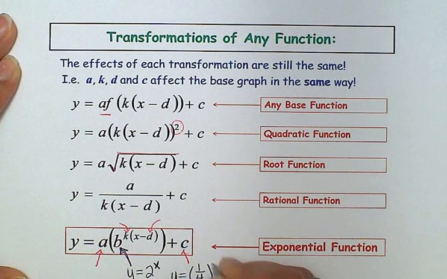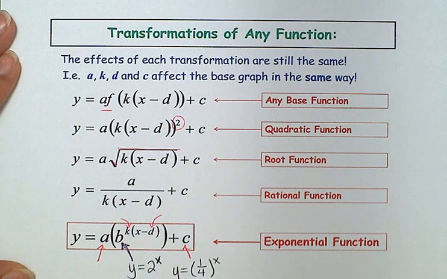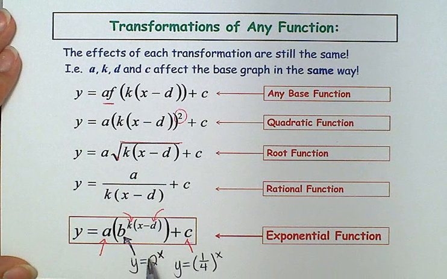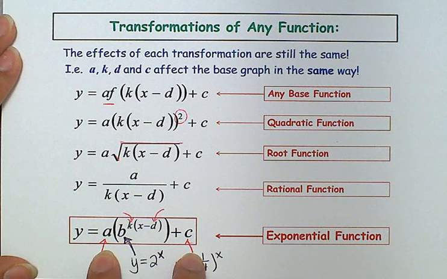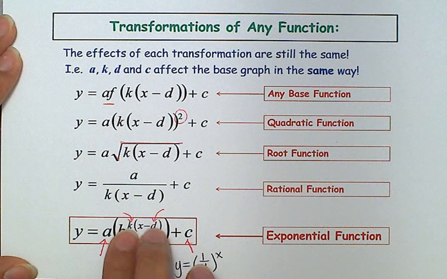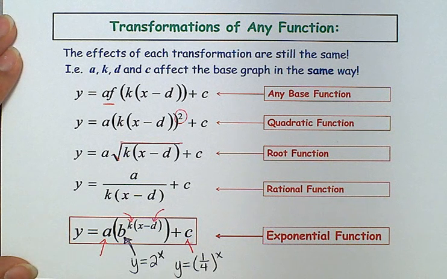The actual base of your function can change, and so you can apply different transformations to different base exponential functions, and that's what we're going to be talking about today. So remember that A and C are still your vertical transformations. K and D appear in the exponent, and they represent your horizontal transformations. And the letter B here represents the base of your exponential function.